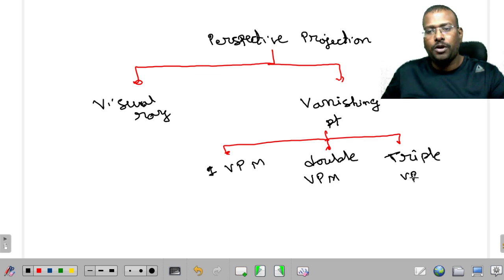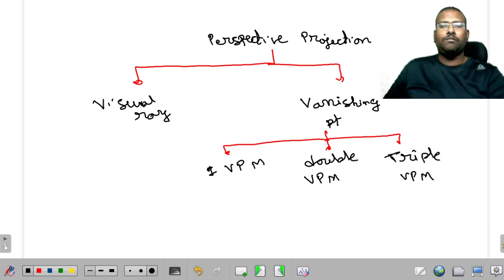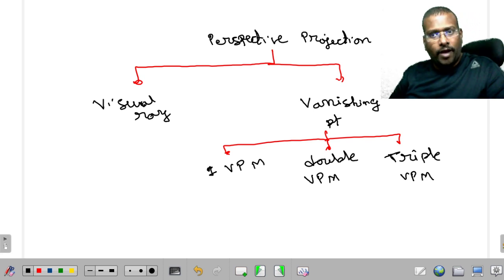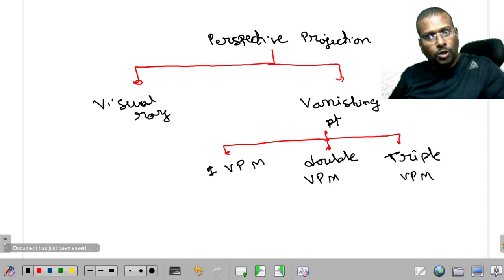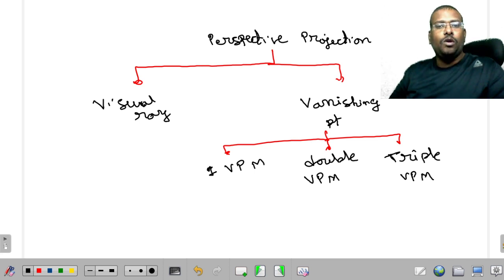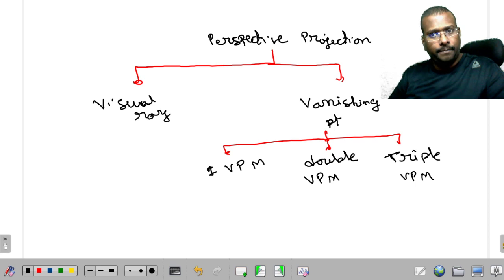All these things in detail we will learn when we enter the vanishing point perspective projection. So in perspective projection, the objects can be drawn using either the visual ray method or the vanishing point method. In the vanishing point method itself, depending upon the object complexity, we may use the single, double or triple vanishing point method.